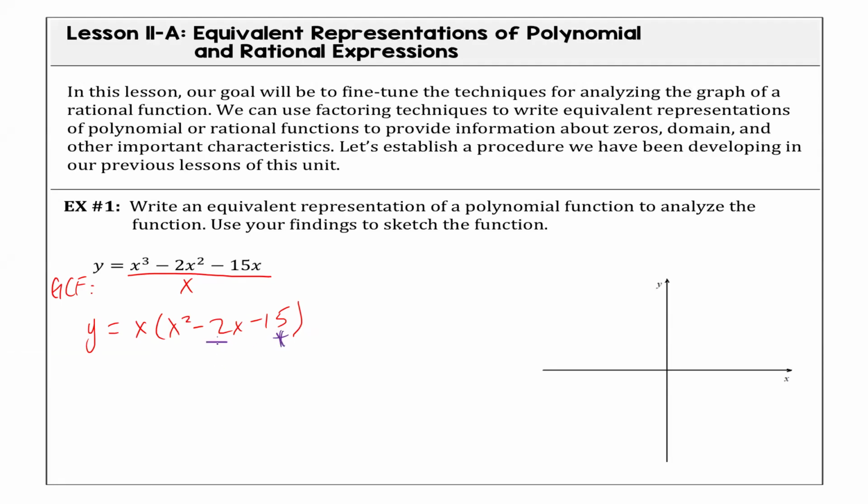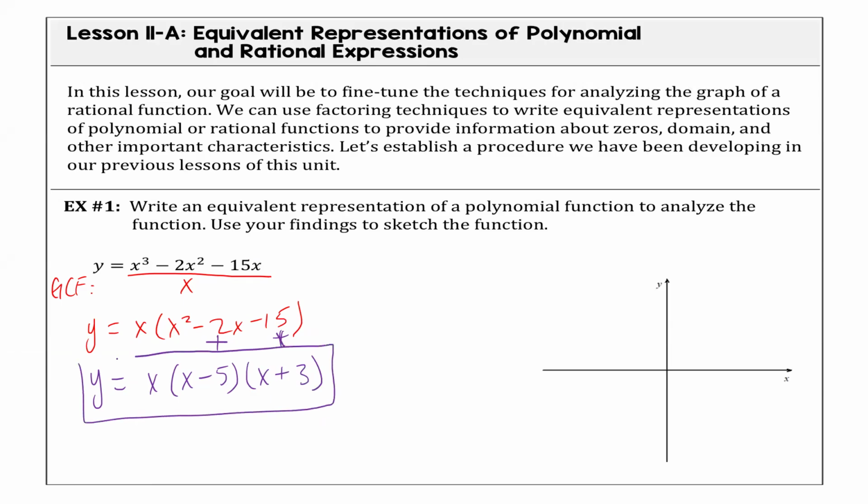What adds to give me negative 2? A negative 5 and a positive 3. So y equals x times x minus 5 times x plus 3. So this would be my equivalent form of that polynomial. It's the factored form of it.